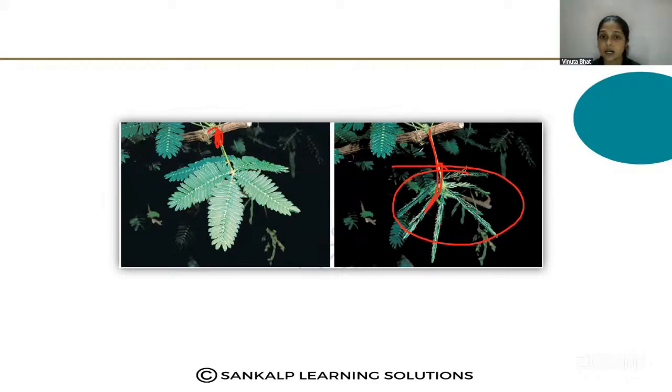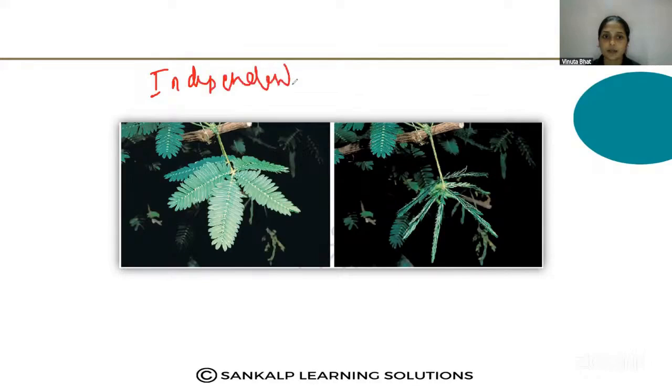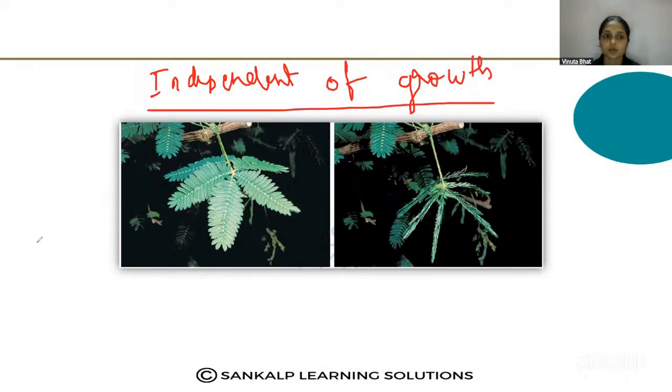Okay, so this is how the response to the stimulus takes place in mimosa pudica, which is independent of growth. Growth is not involved in this.